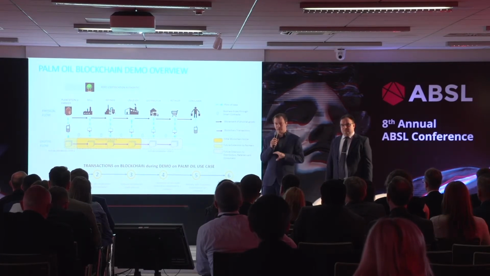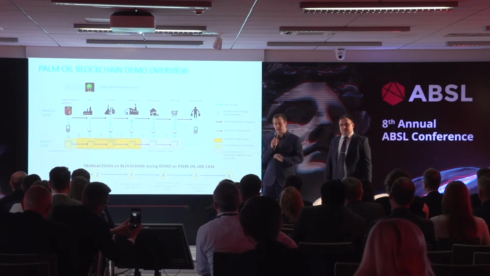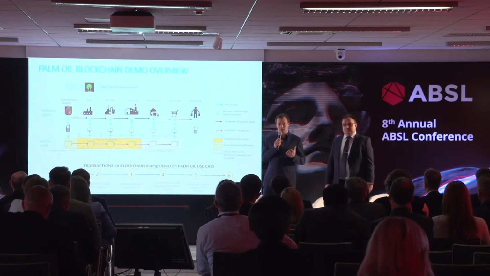Then it goes to our factories. Our factories produce margarine, as an example, like Rama. You then send it to the warehouse. From the warehouse, it goes to the retailer, like Tesco, and then you buy it. This is the whole big process.